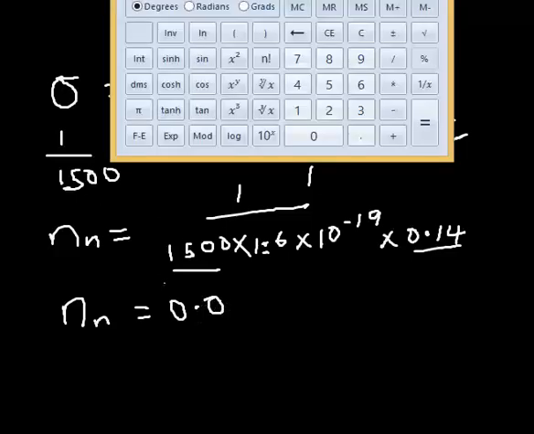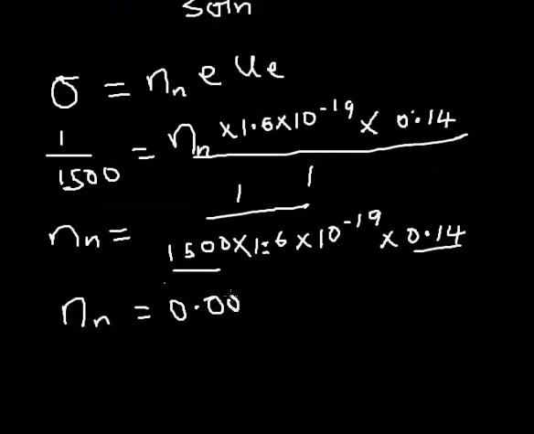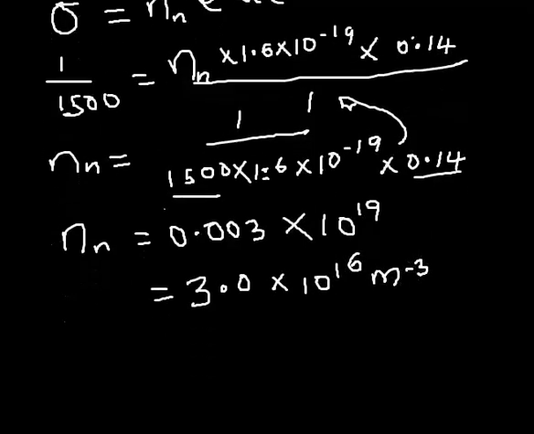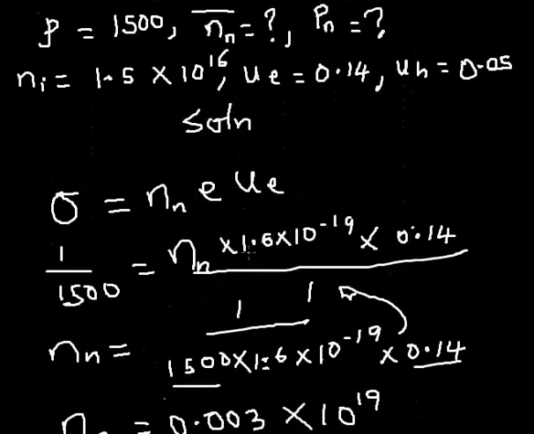Then don't forget the reciprocal of 10 raised to the power minus 19, that's going to be 10 raised to the power plus 19. In standard form, I move it backward 3 times, so my concentration is going to be 3.0 times 10 raised to the power of 16 per meter cube.